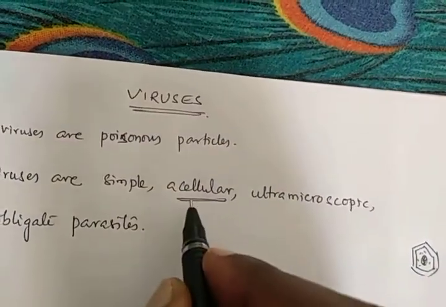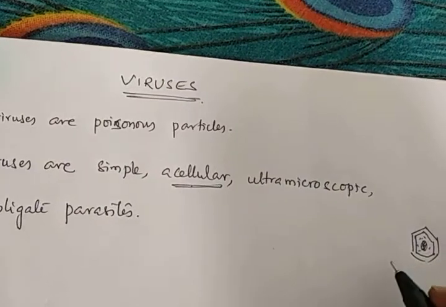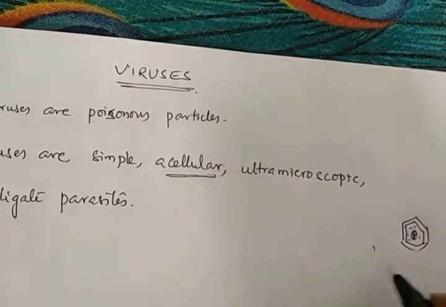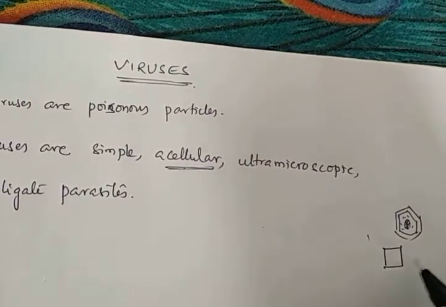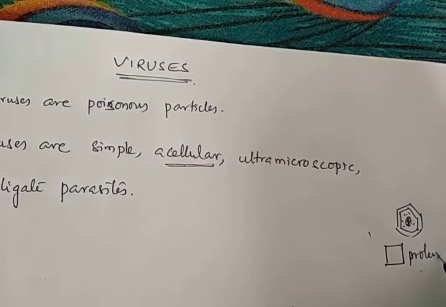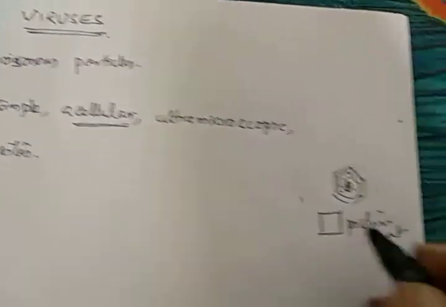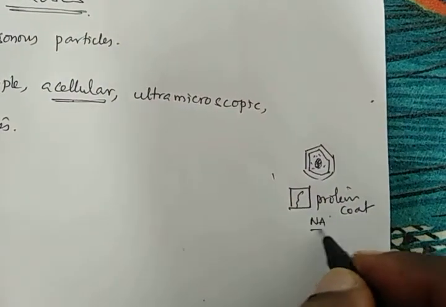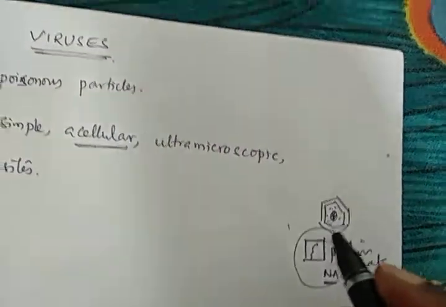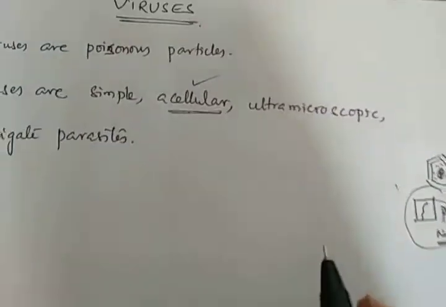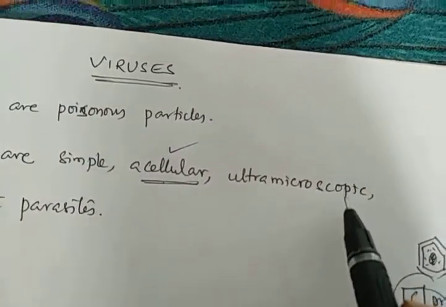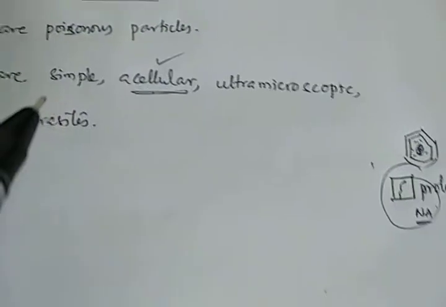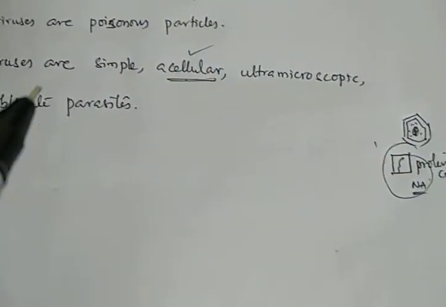That's why they are called acellular, because they contain only a protein coat, inside that DNA, RNA, that is nucleic acid is present. That's why they are said to be acellular and ultra microscopic, because we cannot see with our naked eye.